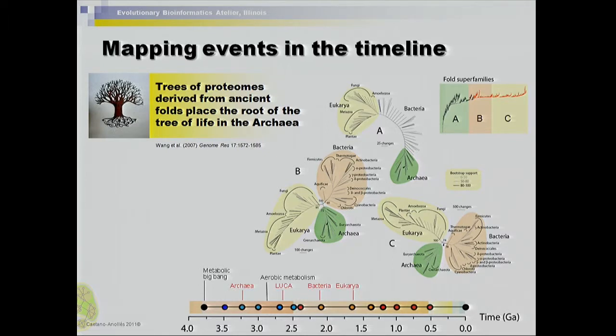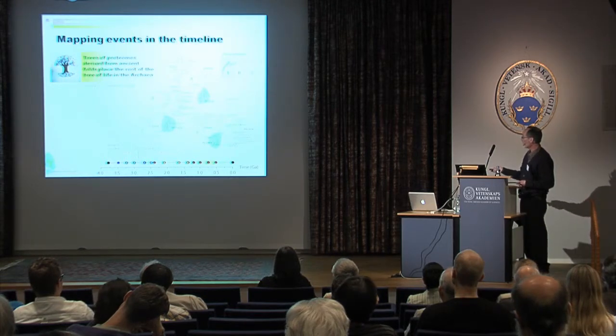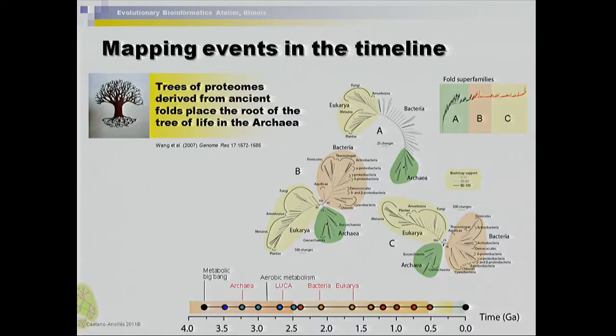But then when we would reconstruct using recent architectures, we would have the canonical tree, the one that Carl Woese put forth, where you would have a rooting of the tree in bacteria, with archaea and eukarya being derived. So this is telling us that different portions of the world of proteins is providing differential signatures to the history of the living world from the system perspective, but also from the component part perspective.